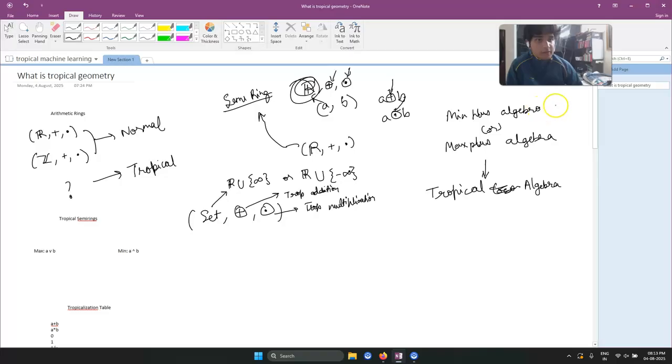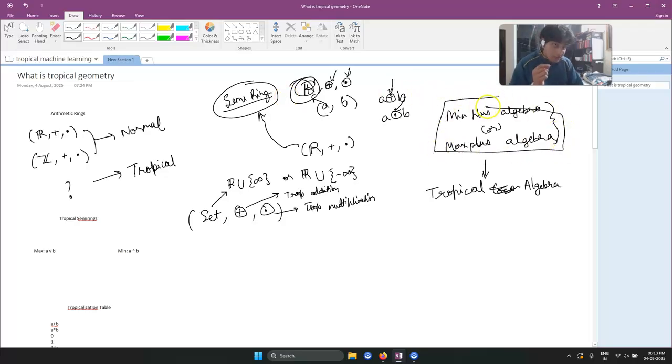These two algebraic structures, just as a semi-ring is a kind of algebraic structure, are examples of algebraic structures. They come from a field called combinatorics, or more specifically, enumerative combinatorics.